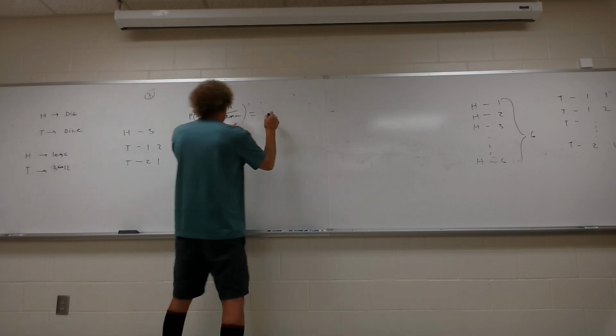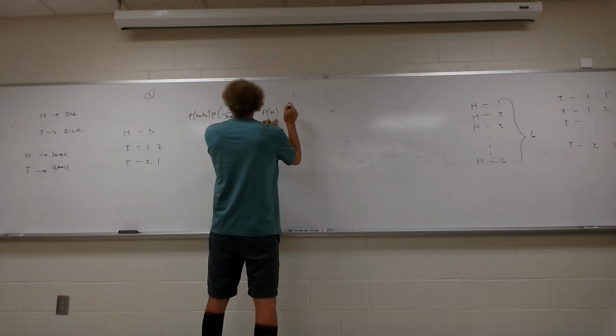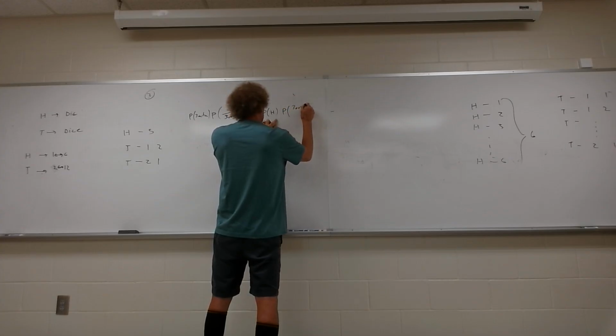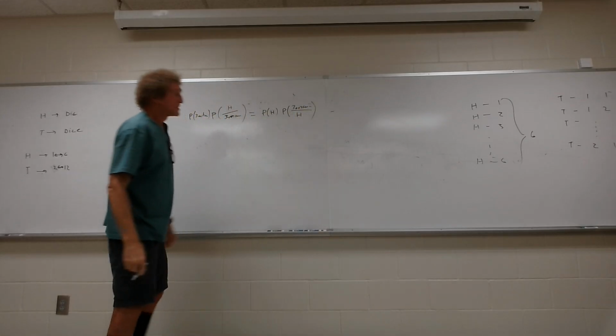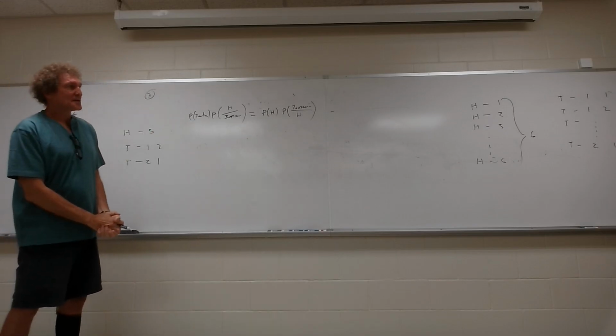It is equal to the probability of a heads roll, times the probability 3 is an outcome given a heads was rolled. Y'all follow me on this? I didn't need that, I was just thinking about it.